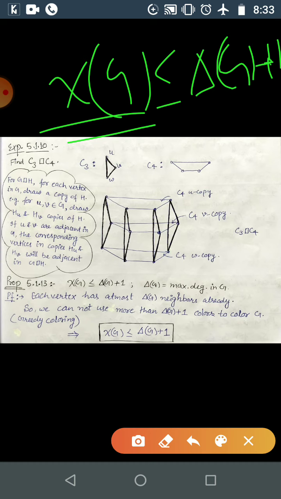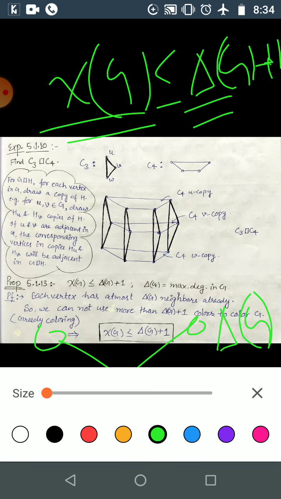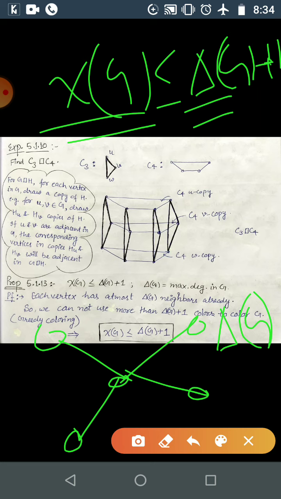Because every vertex can be adjacent to at most how many vertices? Because the maximum degree is delta G, it can be adjacent to at most delta G vertices. You can use the same color to color non-adjacent vertices, and it will have these neighbors.